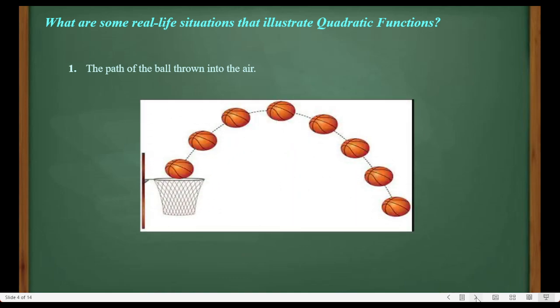Suppose you are playing basketball and you throw the ball to the basket, and you will notice that the path where the ball traveled into the air is quadratic in nature.